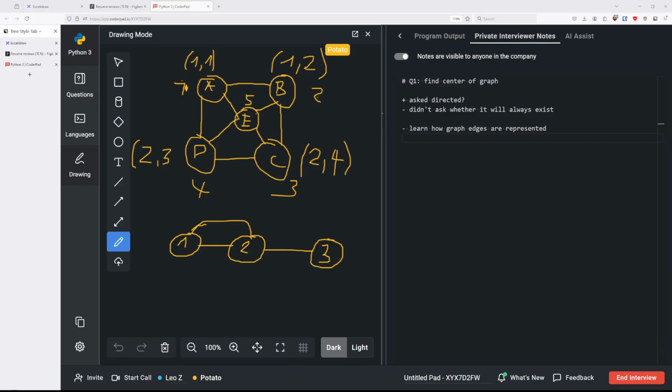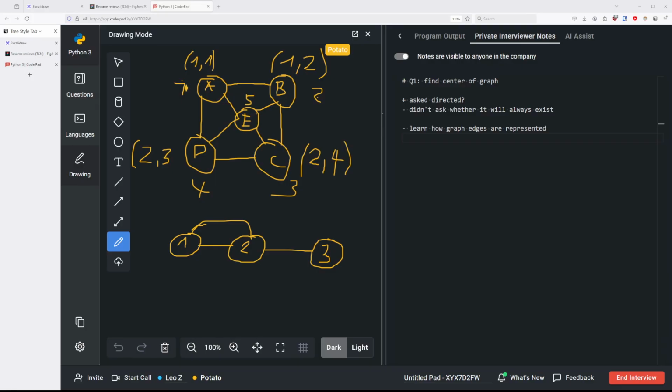So yeah, we can do DFS or maybe a union-find algorithm to find the connected component. In this case, all the nodes are connected, right?